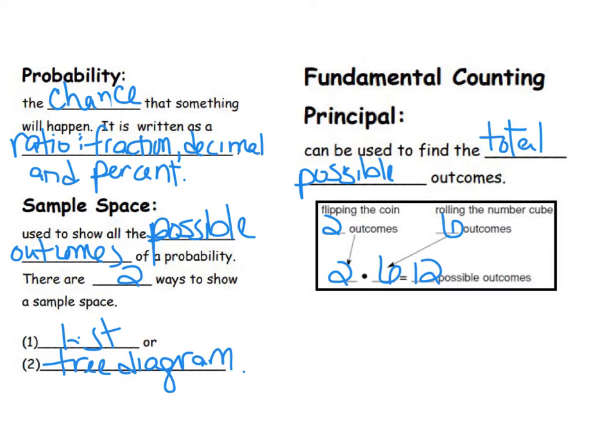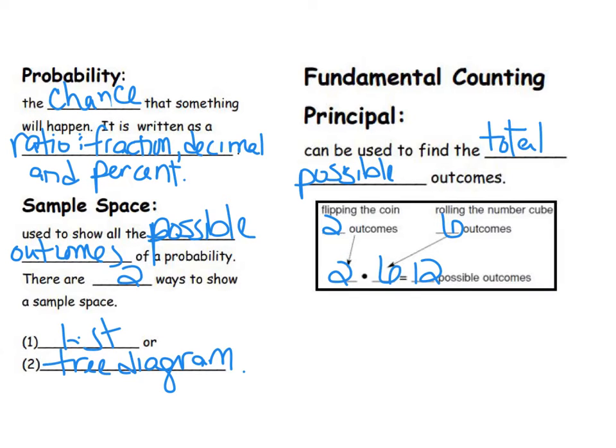So when you're doing a sample space and you use the fundamental counting principle, that's going to help you check to see if you actually did all the sample spaces. Okay?